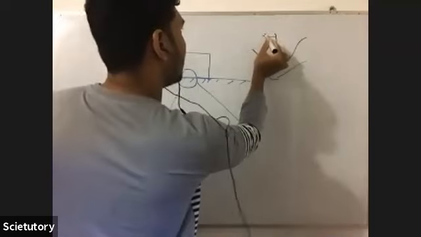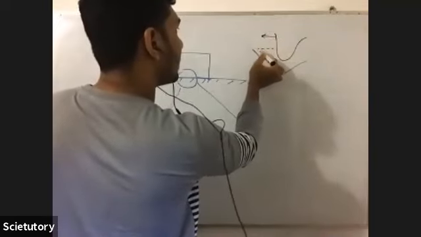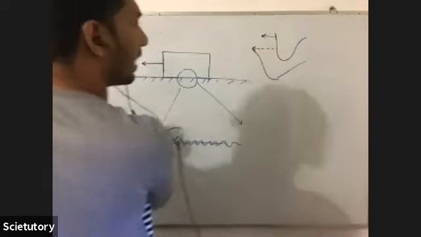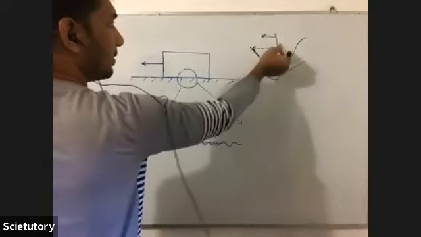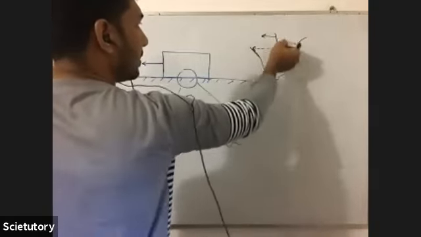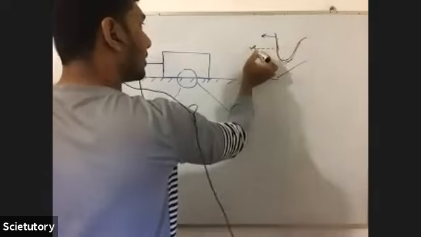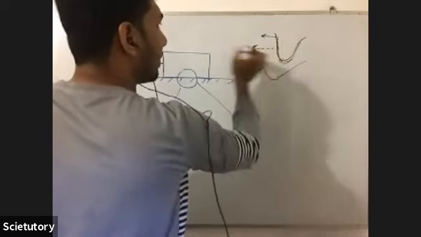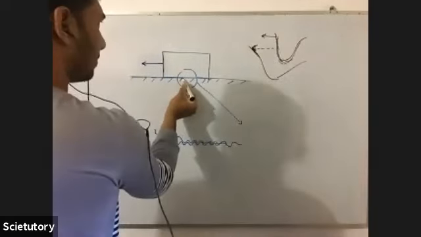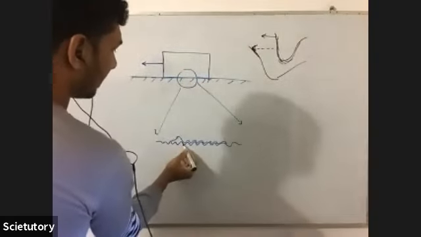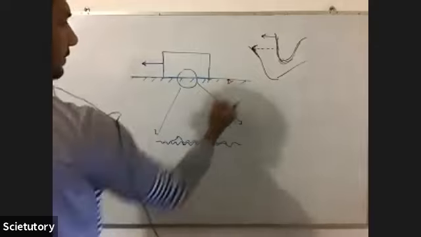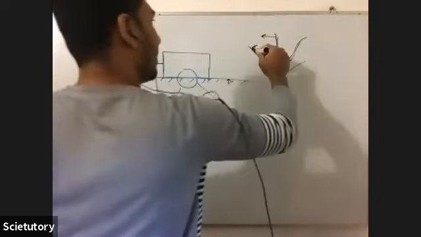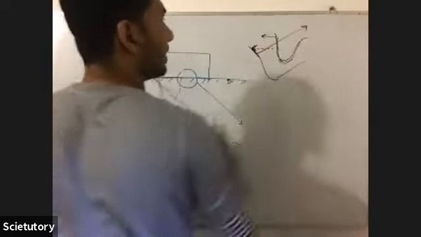If you pull it towards this direction, it's going to come and collide with this elevation. This protrusion is going to collide with this particular part of the depression here on the surface. So due to that, there will be a force like this.